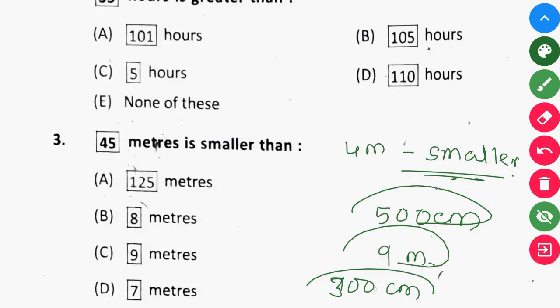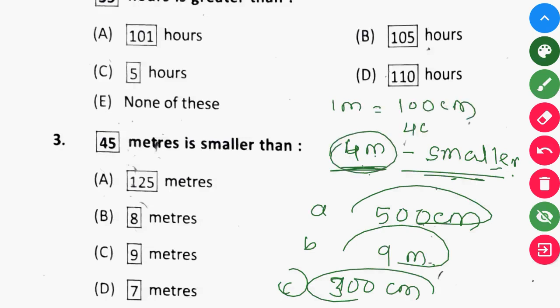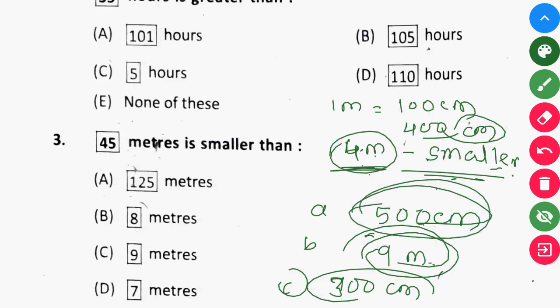If these three options are there and we have to find which one 4 meter is smaller than, you must first know the conversion of meter into centimeter. 1 meter is equal to 100 centimeter, so 4 meter means 400 centimeter. Now 400 centimeter should be smaller than what? With 9 meter it is smaller, and with 500 centimeter it is also smaller, but that is just for the knowledge.